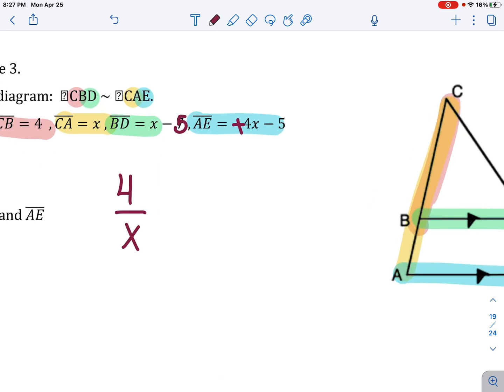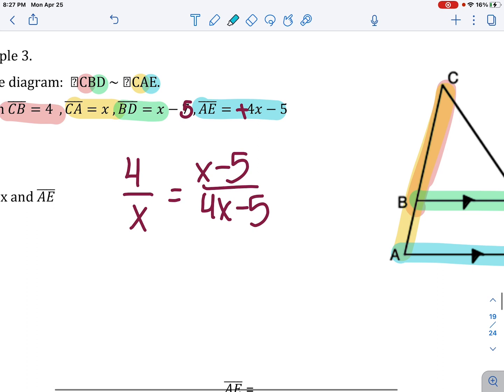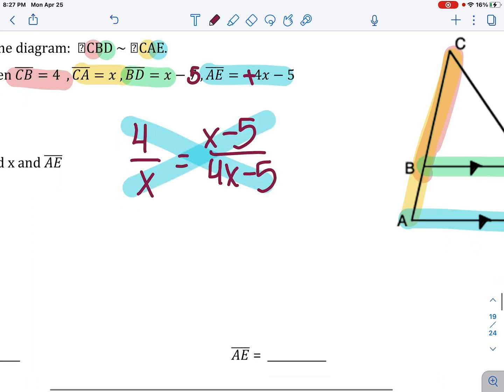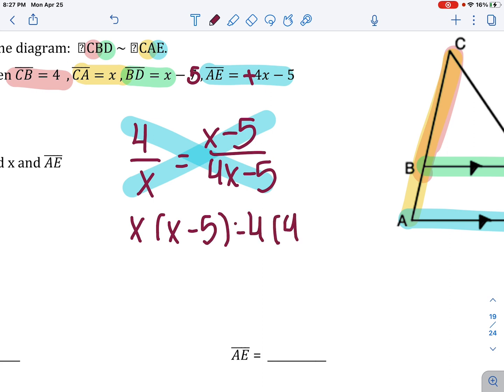So I'm going to set those. X minus 5, that's my length of BD. And then 4x minus 5 is my length for AE. So again, we cross multiply. I get x times x minus 5 is equal to 4 times 4x minus 5. I'm going to distribute.